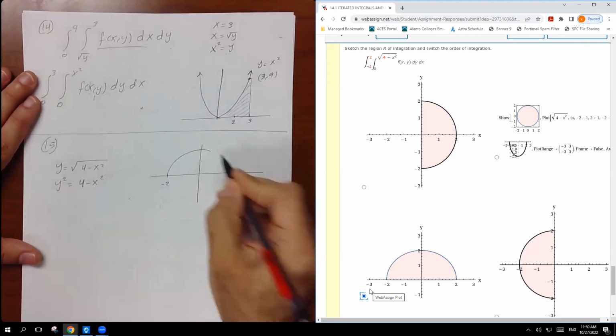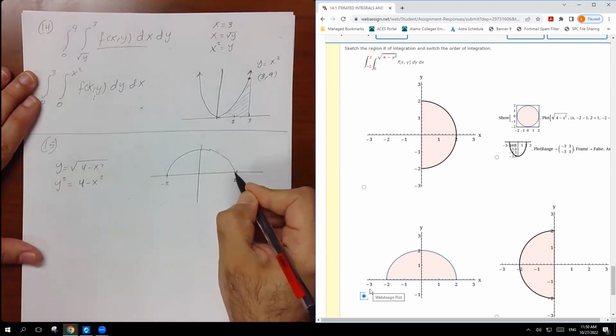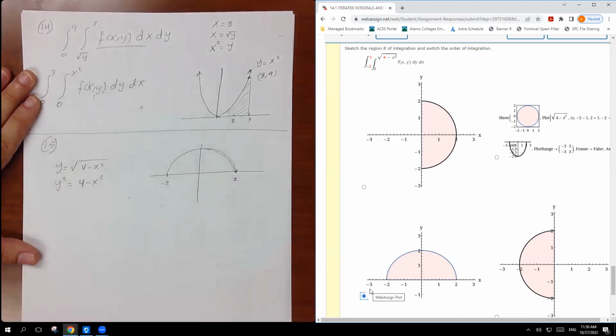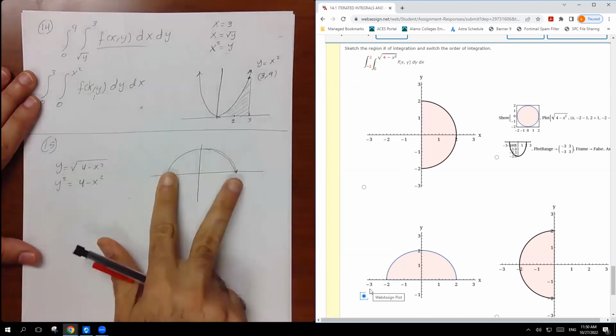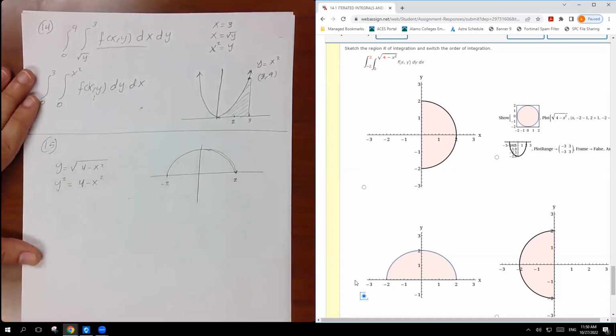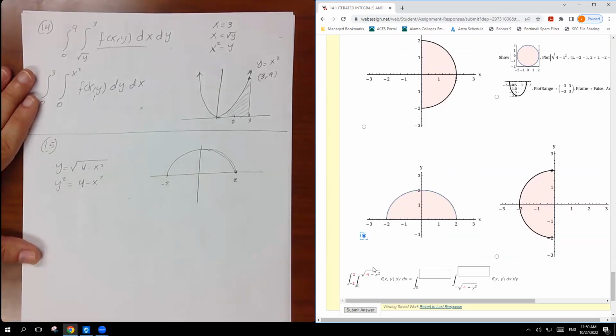This means it's going to be a half circle. But now, I think they're going to ask you the opposite thing. So now for this half of the circle, that's the only thing they ask you on the first part, just to choose the right graph. The second part, yes, this is the second part.